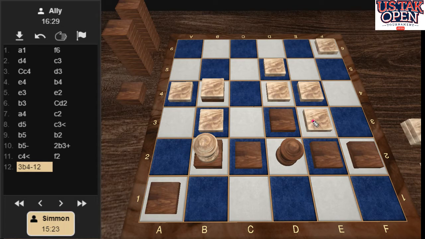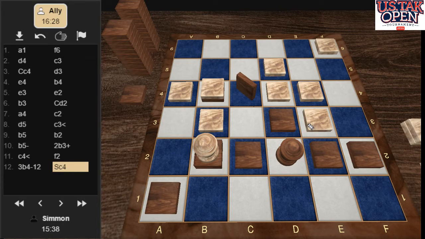The only other move was this piece downward. All right, and there's that wall in there. Even after the stack moved, he still had to put that wall in.